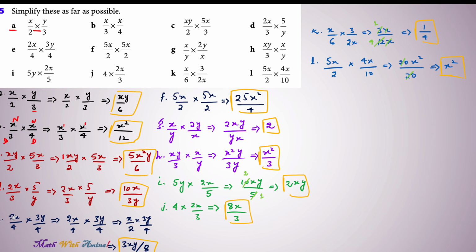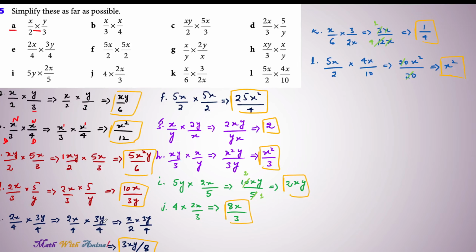Then we have 2x over 4 multiplied by 3y over 4. The coefficients of the numerators get multiplied with each other first, so it will become 6. When the denominator values get multiplied, 4 multiplied by 4 is 16.